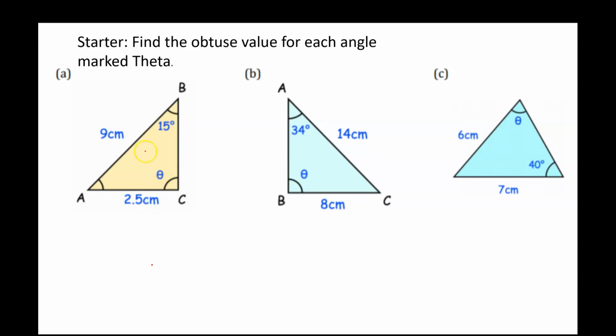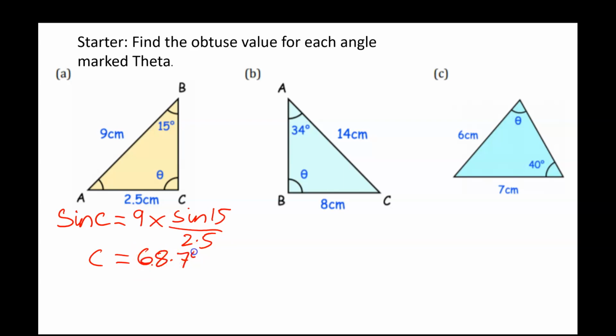Okay, so it's the sine rule. So we've got sine C is equal to... I'm just going to do the multiplying. Obviously it's sine C divided by 9, but I've already done the rearranging. Sine of 15 over 2.5. Obviously you need to do the inverse sine, tap that into your calculator, and you get the answer of 68.7 degrees.